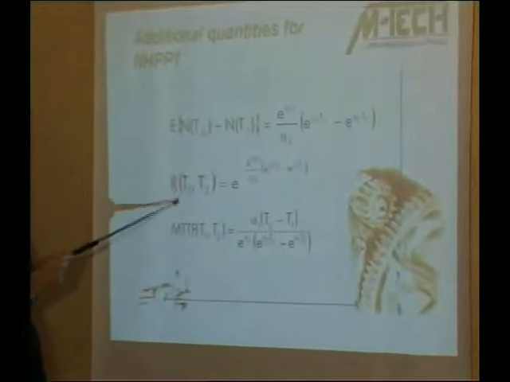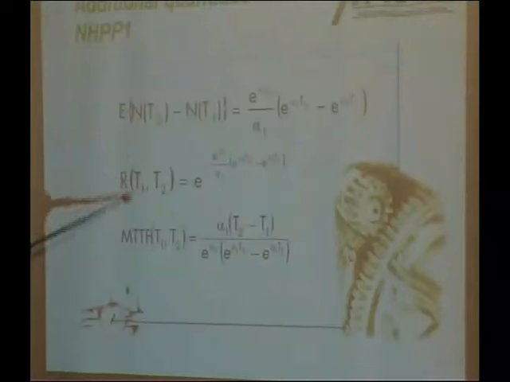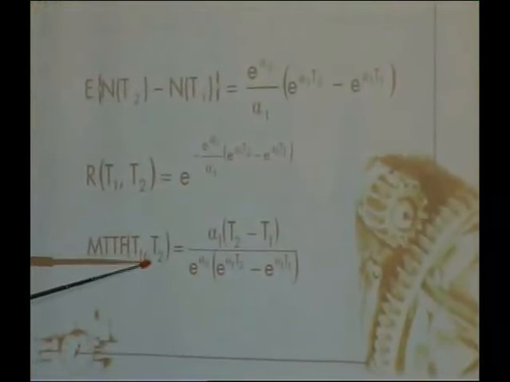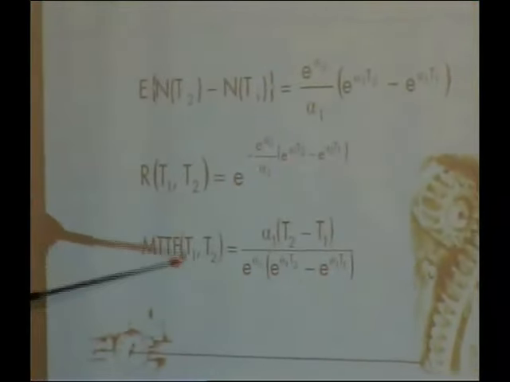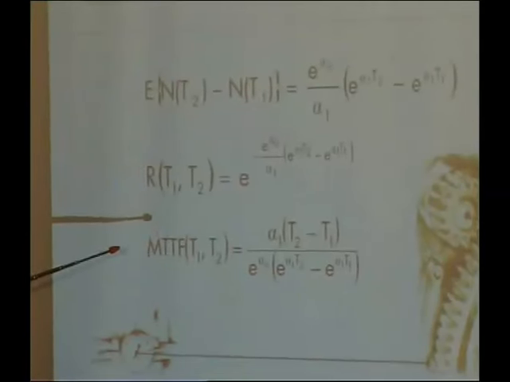A second equation we can use to calculate the survival expectations in a certain interval, and the third one we can use to calculate the expected mean time to failure in a specific interval.